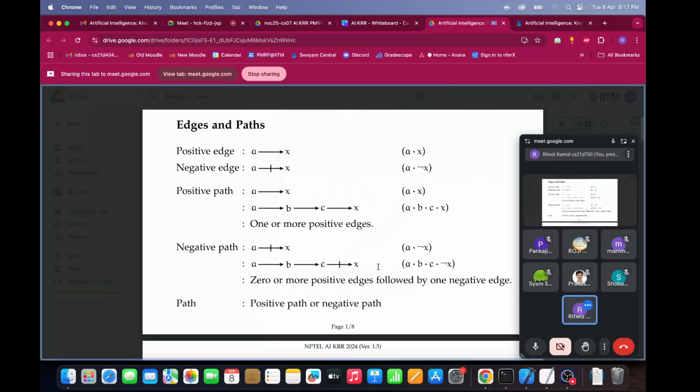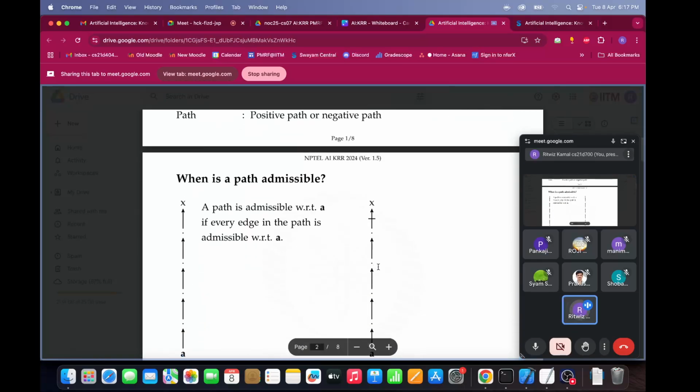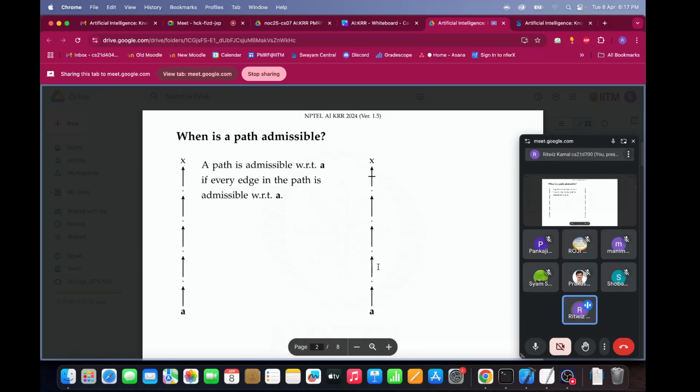Okay, now that we know how we represent edges and paths, let's look at when a path is admissible. So a path is admissible with respect to a node A, which is the point of view over here, if every edge in the path is admissible with respect to the same node A. This is the definition of an admissible path. Now to understand this, we need to know the definition of an admissible edge.